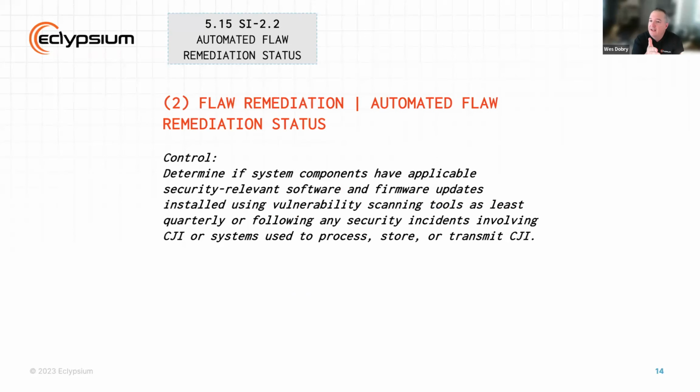Now, then they expand upon and they've added around automated flaw remediation status. And they've said determining if these security relevant software and firmware updates are actually in place. And one of the things that we need to do about that is understanding that our vulnerability scanning tools need to look at the things within scope for CJIS now.